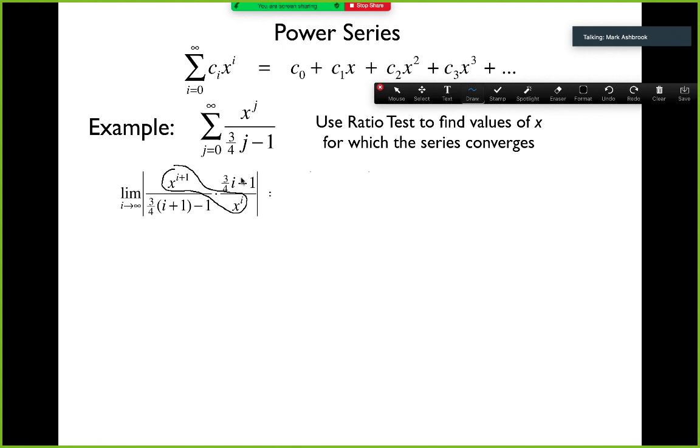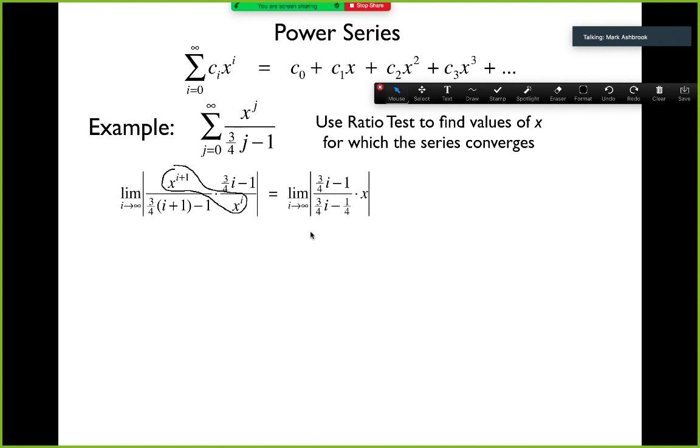And then what about the limit of 3/4 i minus 1 over 3/4 i plus the rest of this stuff? What about that limit? Just equals 1, right? Because it's the same power. This is a rational function, same power. So you take the ratio of the leading coefficients, and you get 1. So that limit is 1, and we're left with x. So all we're left with in this limit is the absolute value of x.